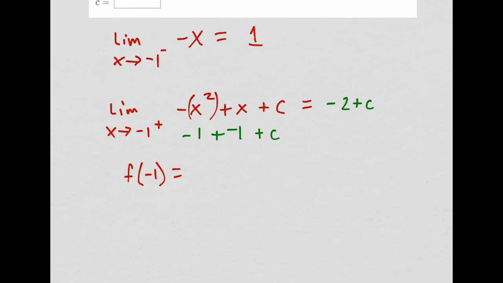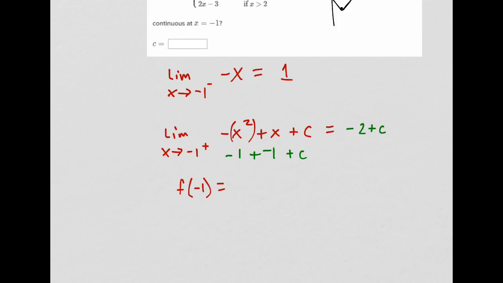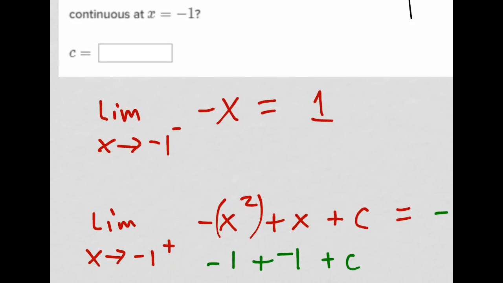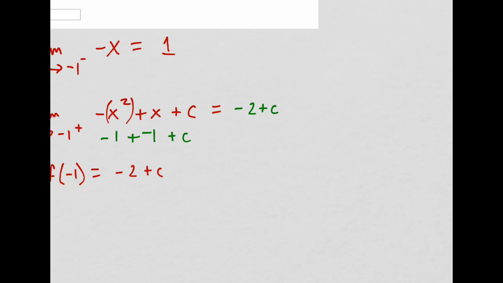To be redundant, if I plug in negative 1 here, the function says I can use this piece, and I would get the same exact thing, negative 2 plus c. So all three of these are equal, because we are assuming that the function is continuous. So negative 2 plus c has to equal 1.